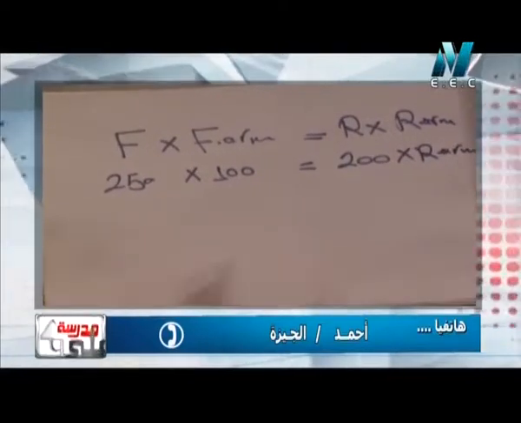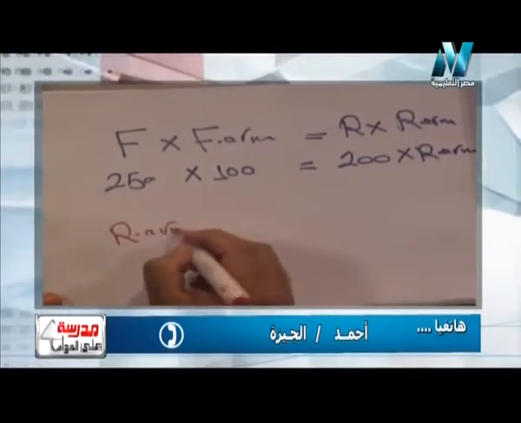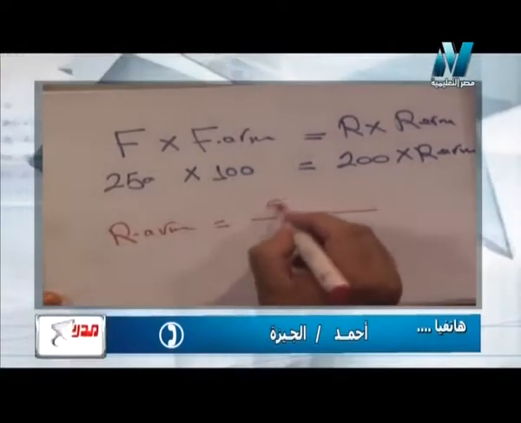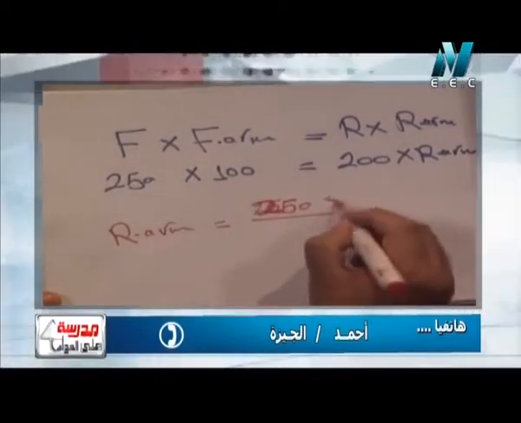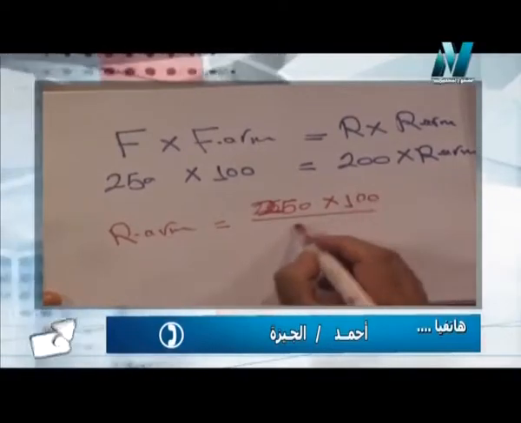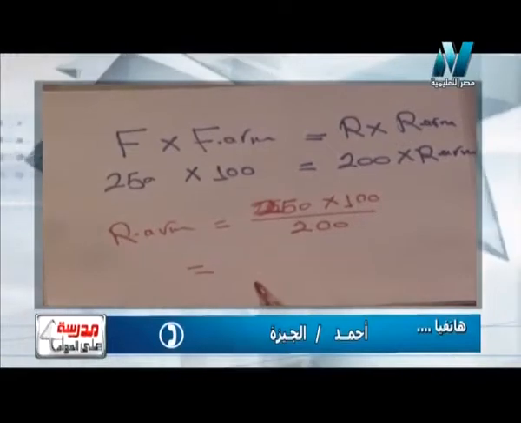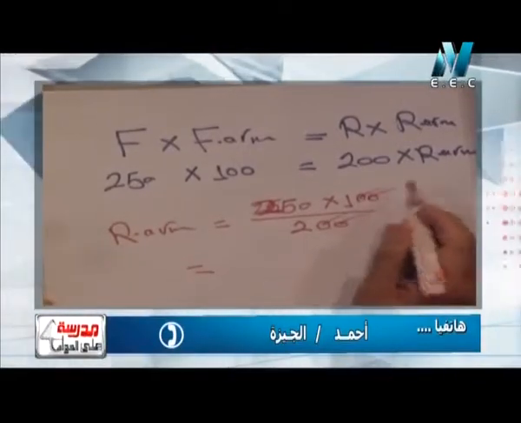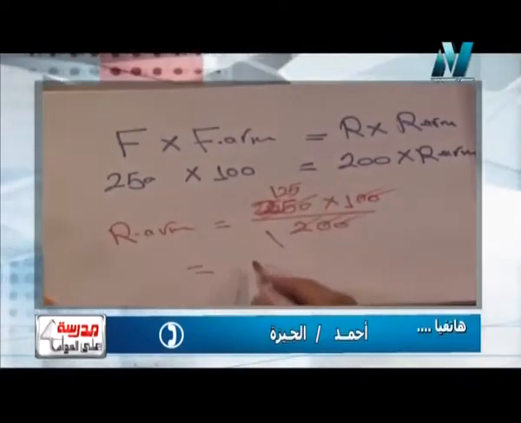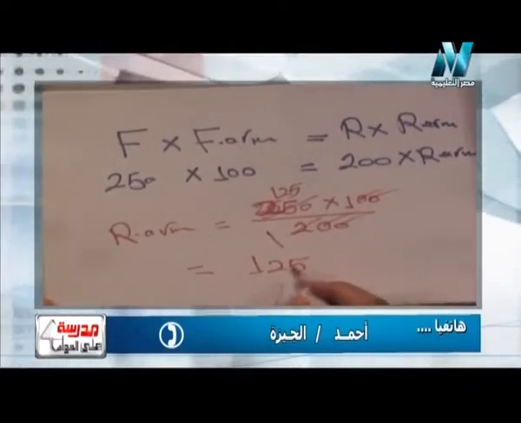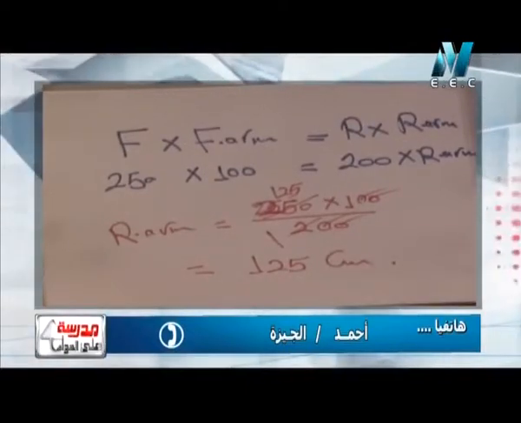So the resistance arm equals 250 times 100 divided by 200. Cancelling the two zeros, 250 divided by 2 equals 125. So it will be 125 centimeters.